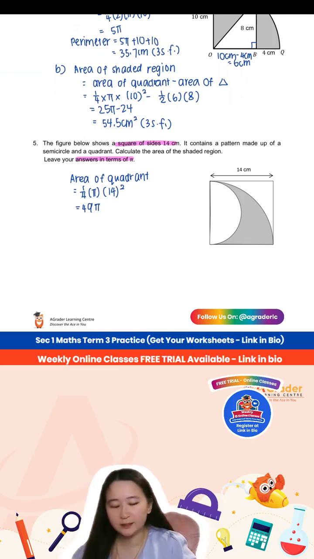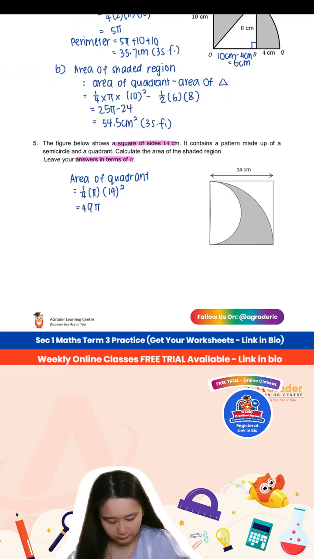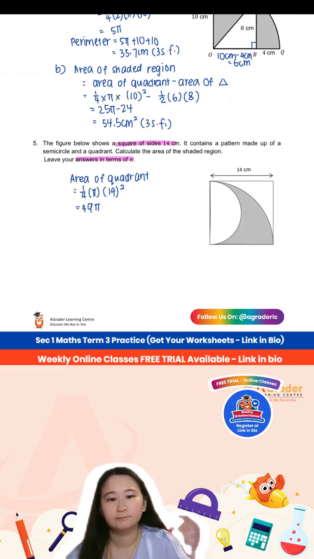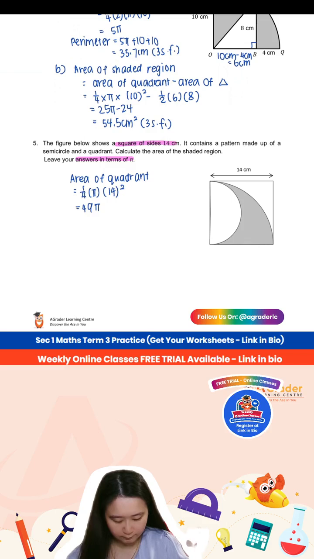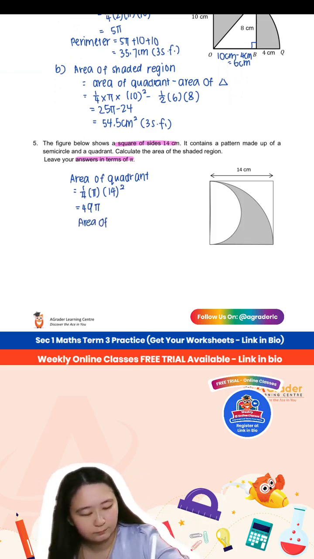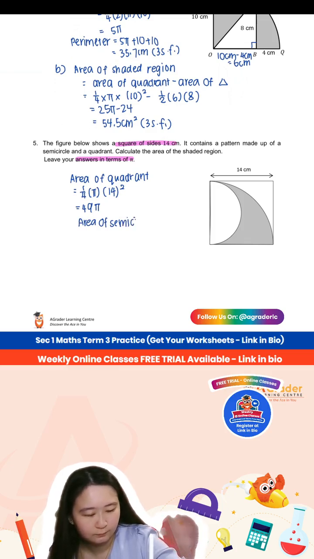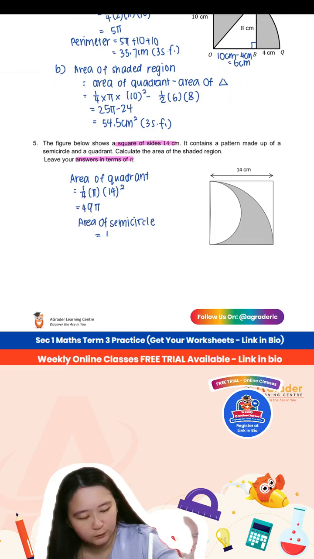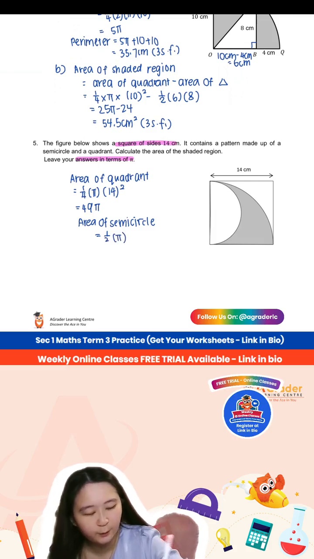Next, find the area of the semicircle. So the semicircle is half pi r squared.